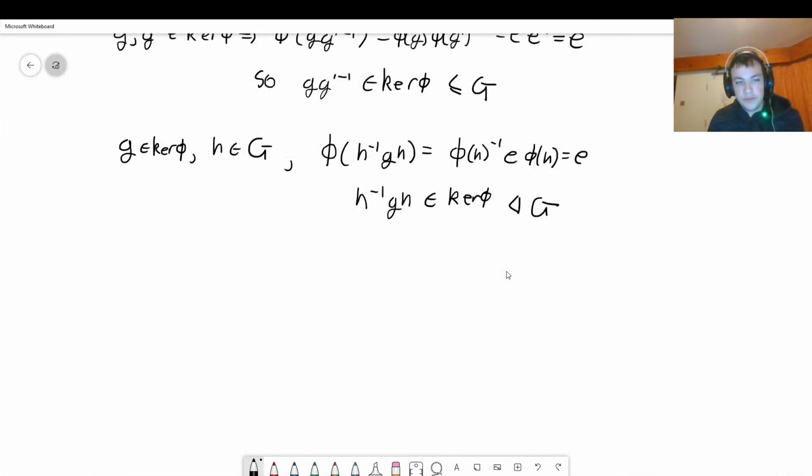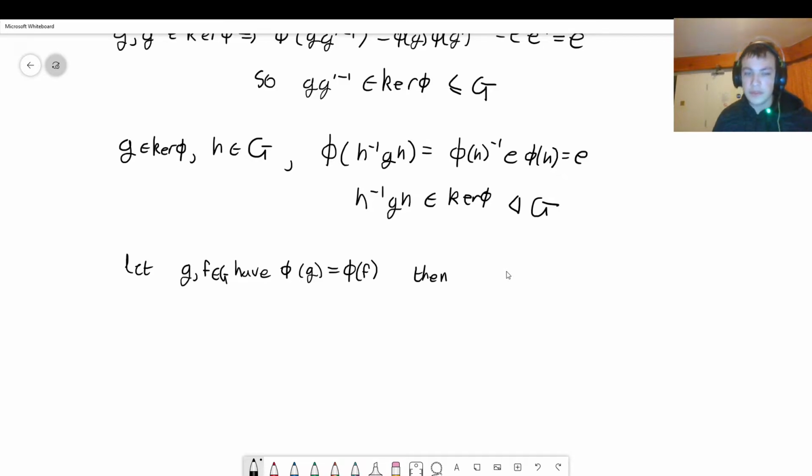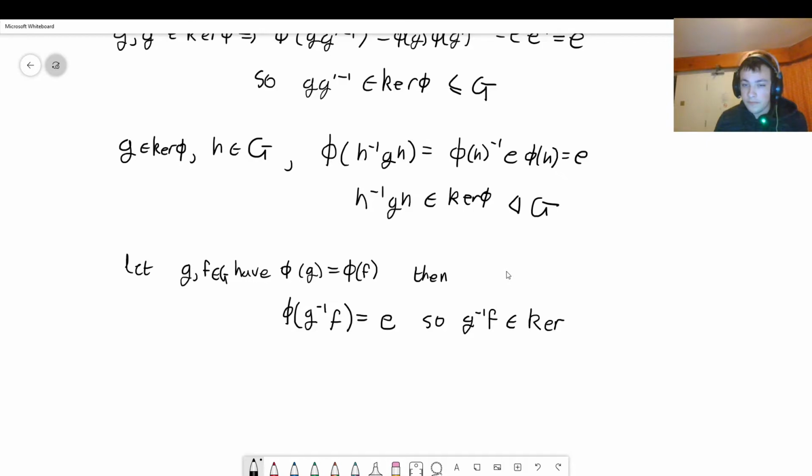So if we take two elements g and f of G that have phi of g equal to phi of f, then that means that phi of g inverse f is equal to the identity, so g inverse f belongs to the kernel of phi.